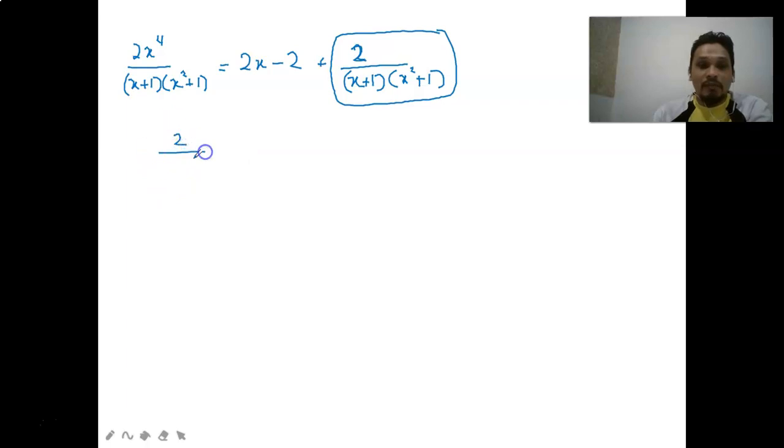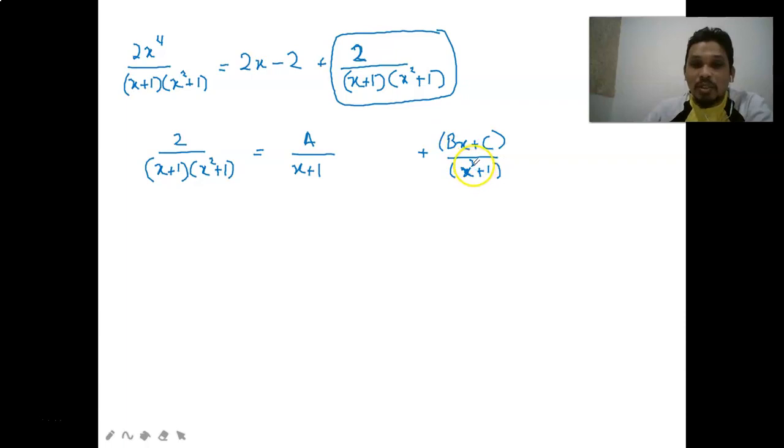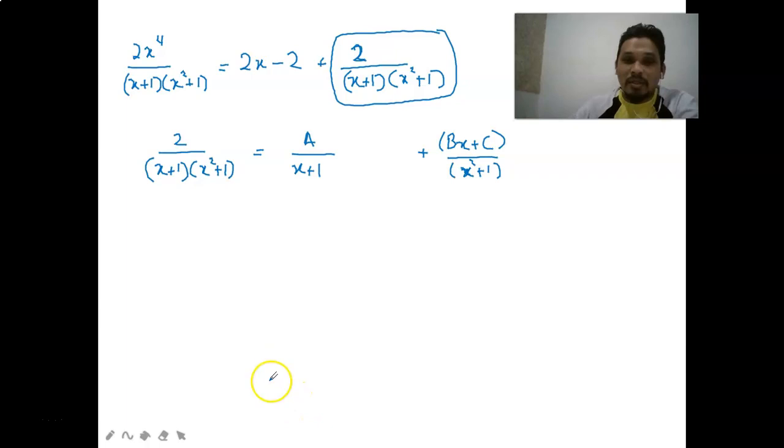So 2 divided by x plus 1 and x squared plus 1 equal to a divided by x plus 1 plus bx plus c divided by x squared plus 1. Okay, this is the quadratic that cannot be factorized, so we're going to leave it something like this.